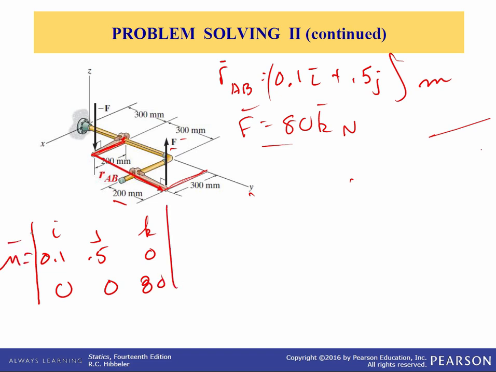And this is the moment. So let's evaluate this using the determinant method. So we would get 0.5 times 80 minus 0 times 0. And that's in the i direction.